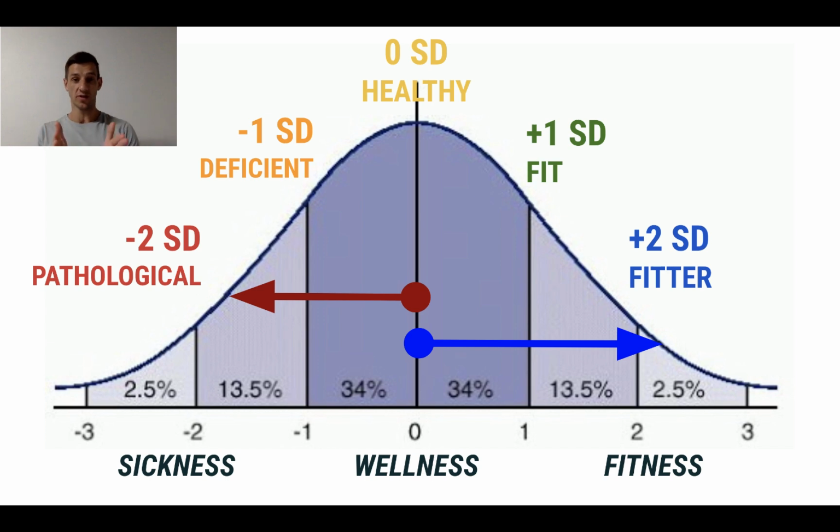The point of this is that at minimum you want to be healthy. But sometimes to be healthy is not enough. Because as we age, we necessarily slip into a decline, into a deficient state, and eventually into a pathological state.